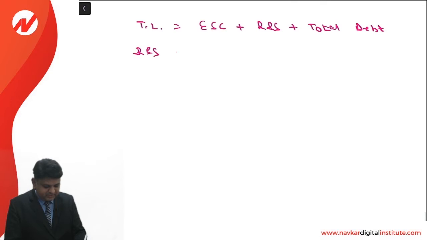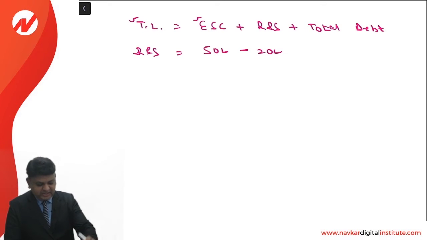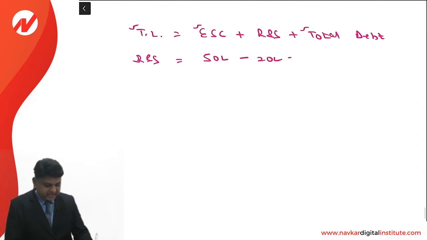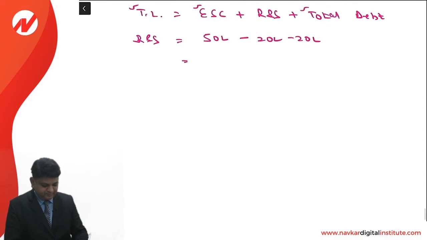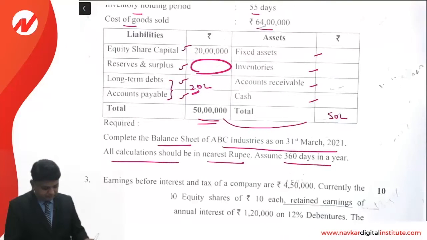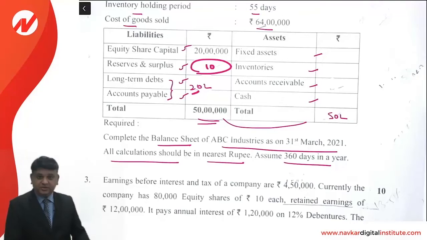So reserves and surplus is equal to total of the liability side, 50 lakhs, minus equity share capital, which is given to us in the question, 20 lakhs, minus the total debt that we have found, again 20 lakhs. So this is an amount of 10 lakhs.